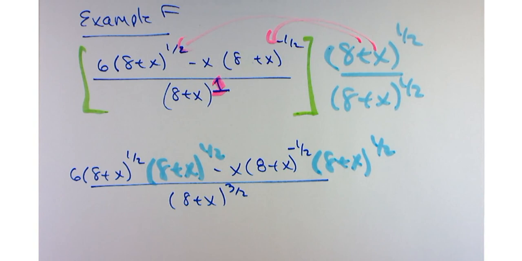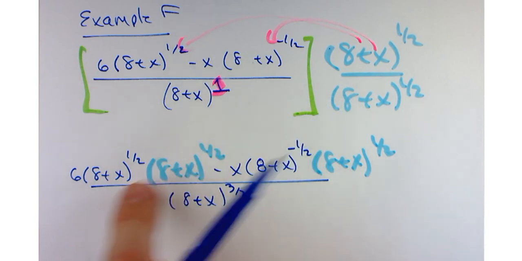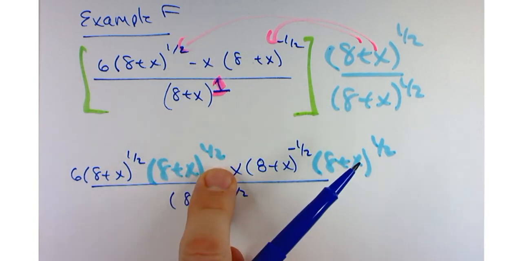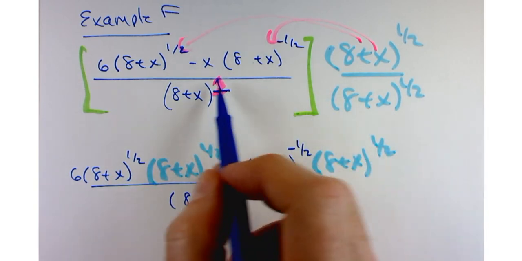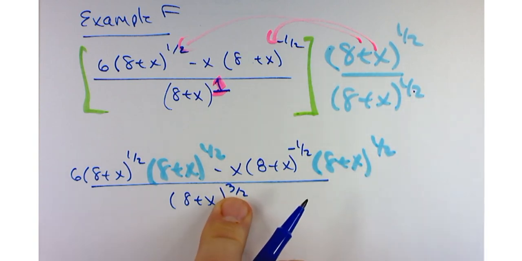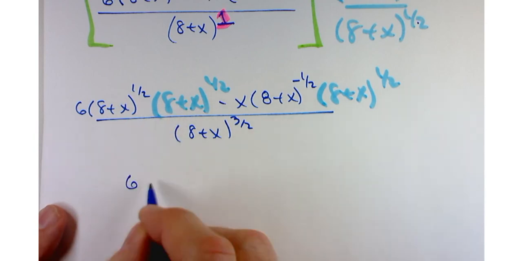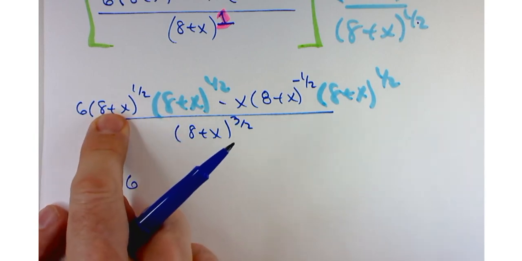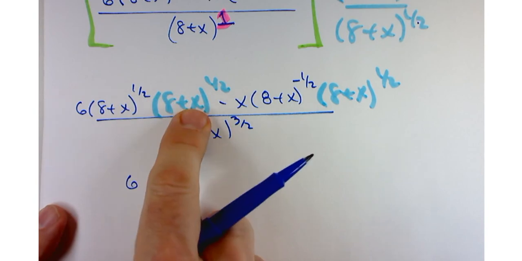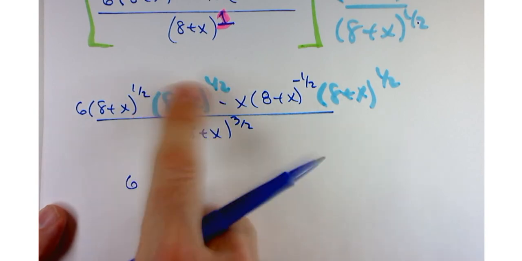All right. Now, like the denominator, when you multiply things with the same base, you add their exponents. So we had 1 plus 1/2 is 1.5, or I called it 3/2. Let's do that same trick here in the numerator. 8 plus x to the 1/2 times 8 plus x to the 1/2. These are common bases, so I can add their exponents.